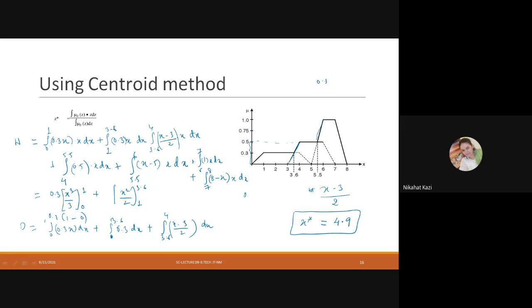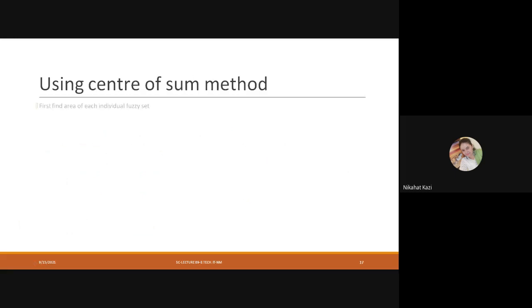Half into 0.3 into sum of the parallel sides. So this side is 1 to 4.3 plus 5. This is 1 to 5.8. 2.4 into 0.5. What are you getting? 1.2. Right? That is 1.2. Similarly, you find for C2 and C3.